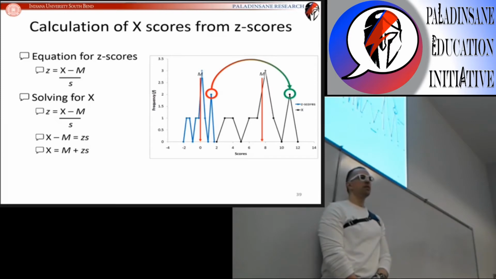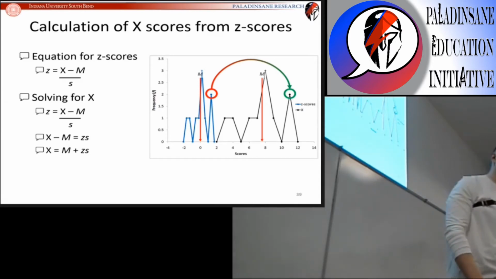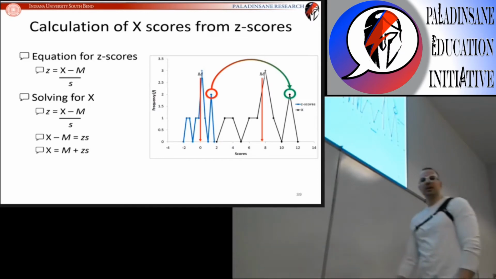So if you're trying to recover a raw score, you're starting with a z-score, you get the mean of the distribution, you get the z-score, you get the standard deviation of the distribution, and your raw score equals the mean plus the z-score times the standard deviation. And again, make sure you're doing those order of operations in the order they should be done.